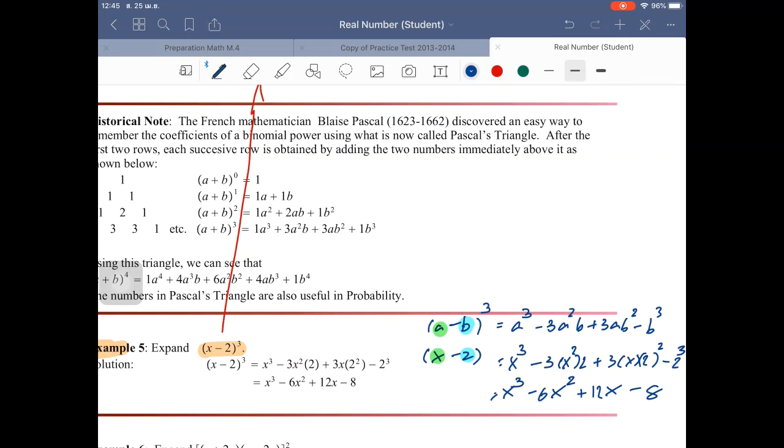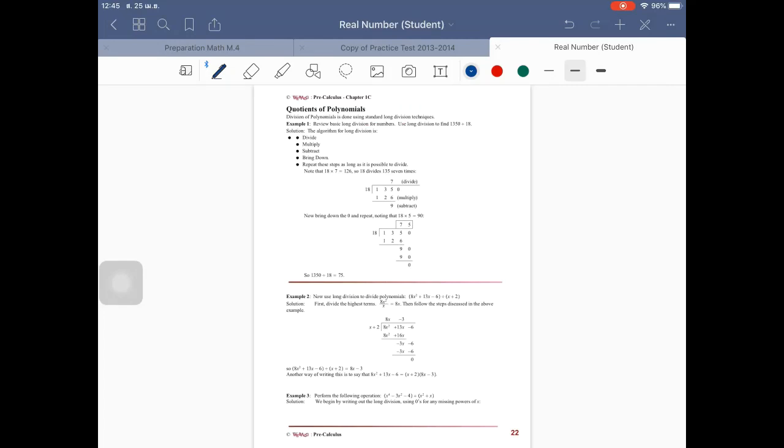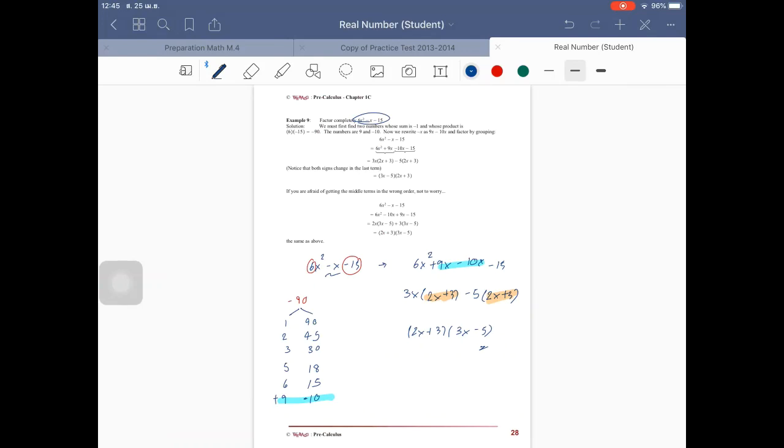Do you understand? Just substitute the variables according to what the rule states. That's it. Okay, let's see some exercises. Turn to page 29, guys.